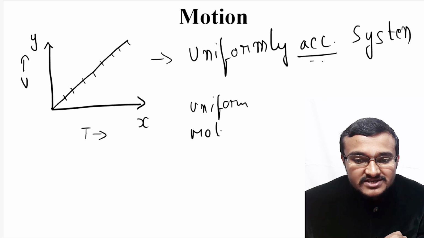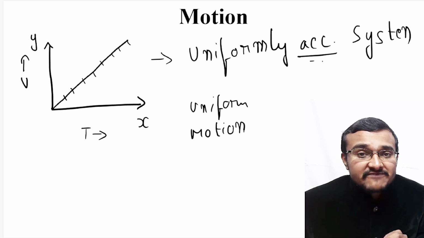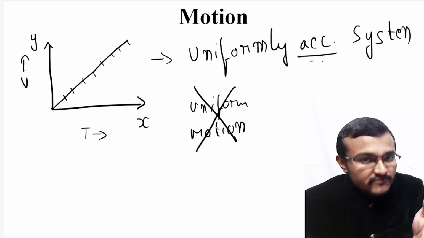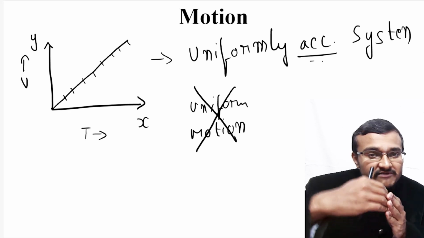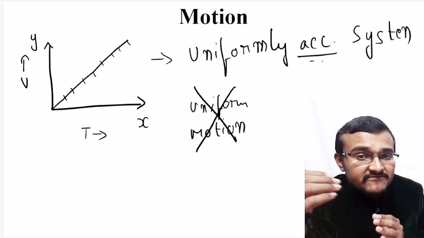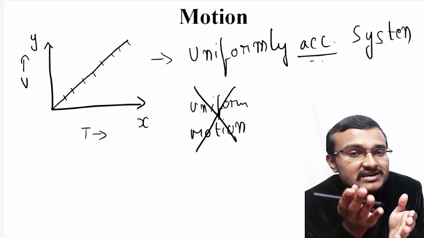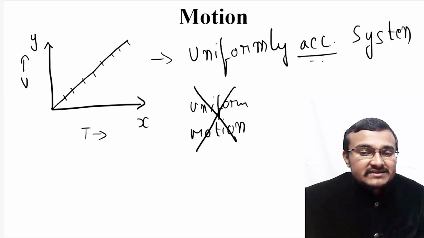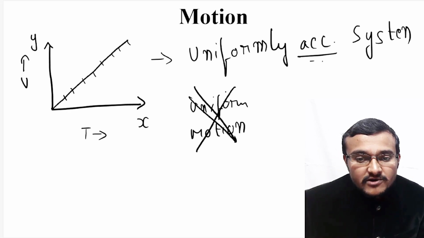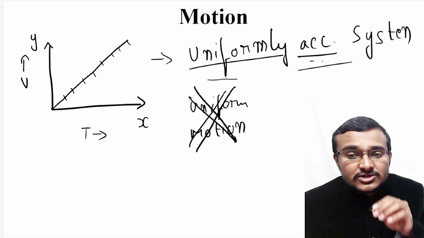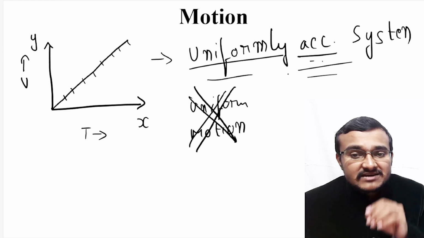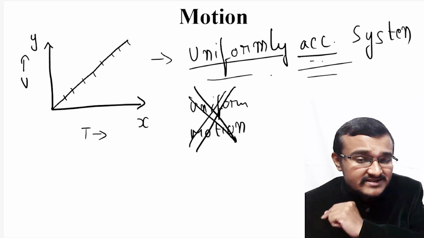If it was a distance versus time graph, and you had a linear graph, then it might be uniform motion. But here, if you have a linear graph for velocity and time, it doesn't represent uniform motion. It represents uniform acceleration. That means this particular system is a uniformly accelerated system.